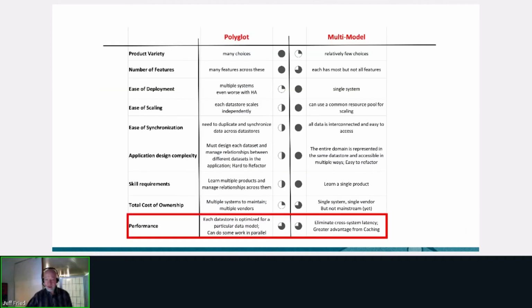From a performance standpoint, this is where you would naturally think that a best of breed approach, a polyglot approach, would be better because each data store is highly optimized for performance typically, and you can do some work in parallel.